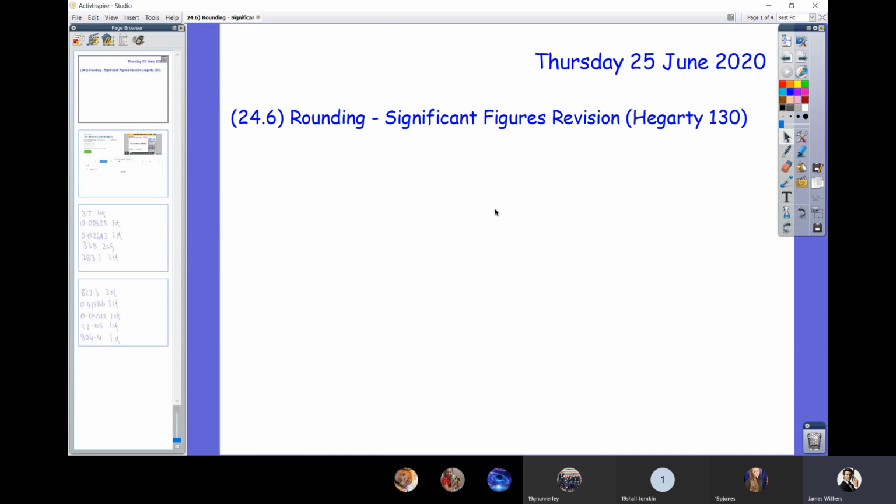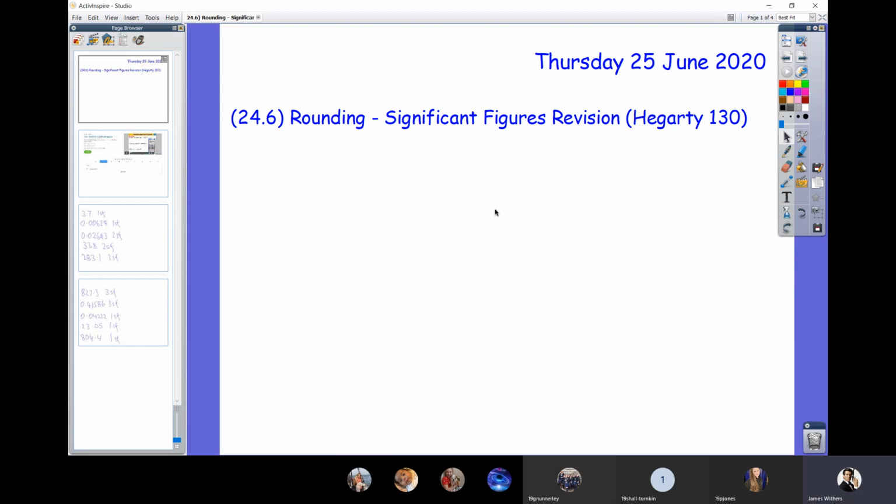You're never going to get a question that's just about significant figures or just about how many decimal places you have to round a number to, but it is ever so important because in your GCSE each paper will have about, I don't know, 25 questions, and probably 6 or 7 of them will involve you, right at the end of all your workings, having to round your answer to 2 significant figures or 1 decimal place, and there'll be a mark going for it.